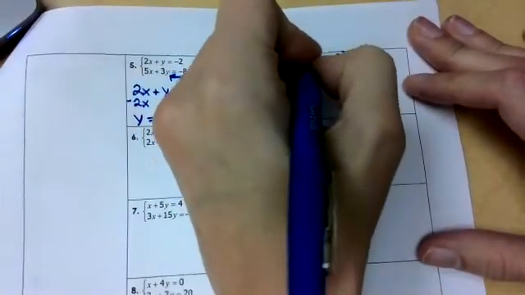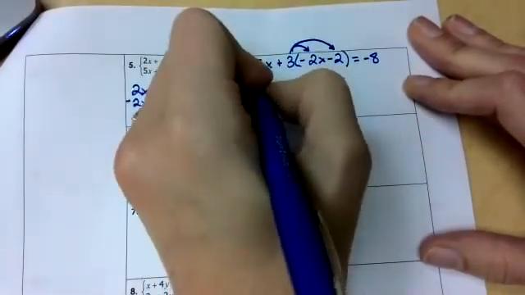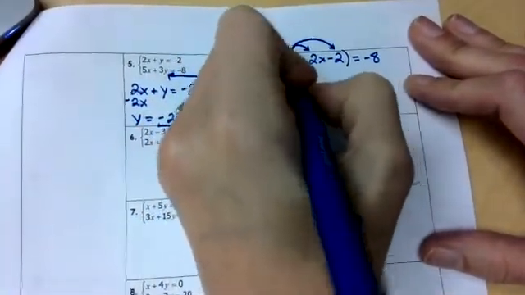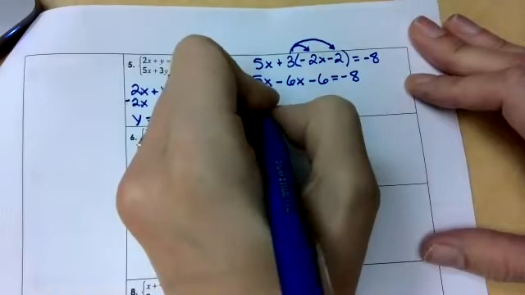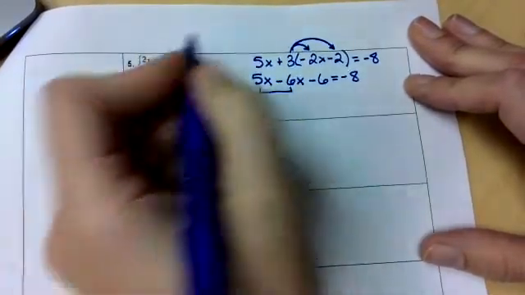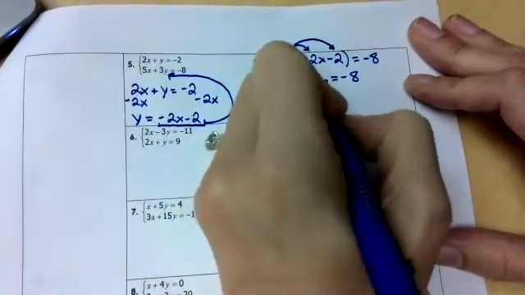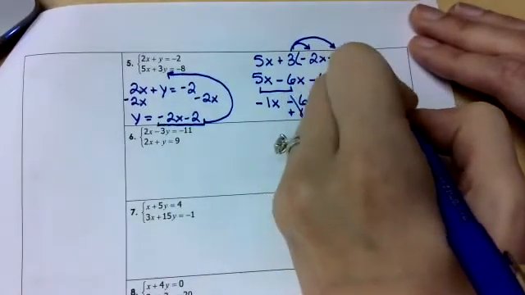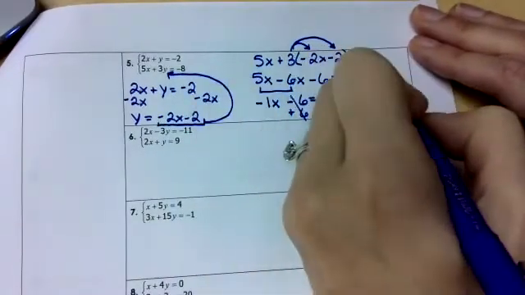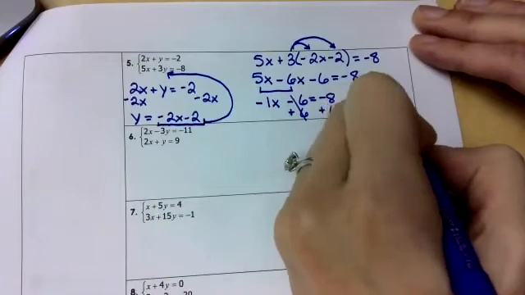So I'm going to distribute this 3 into both of the terms in the parentheses. I'm going to combine like terms here. Add 6. Divide by -1 on both sides. And I get x equals 2.